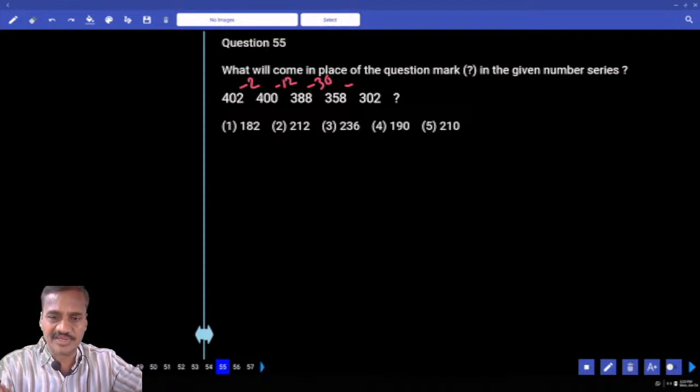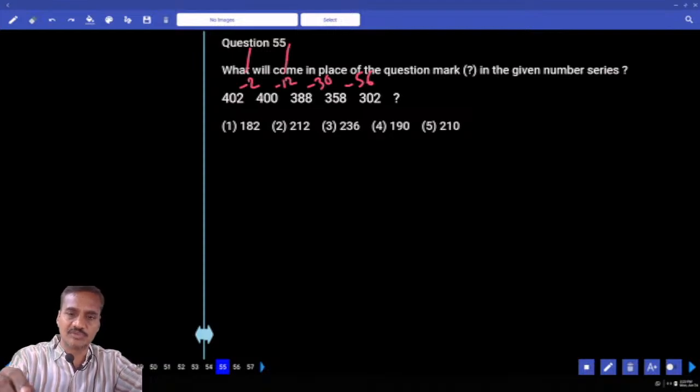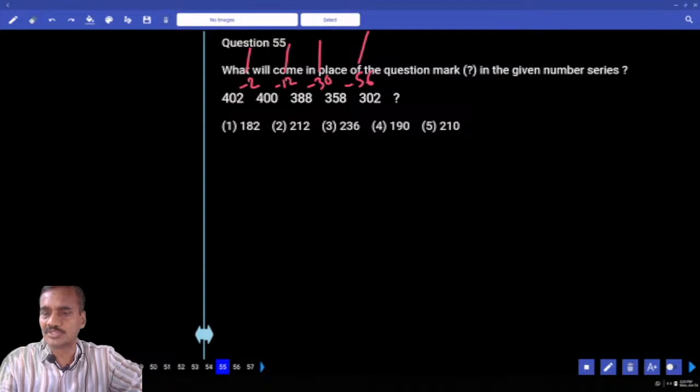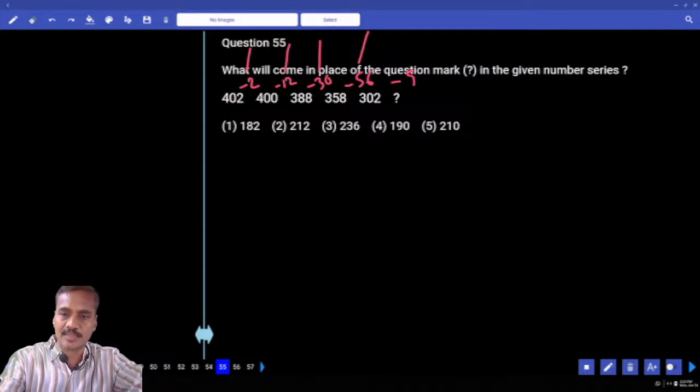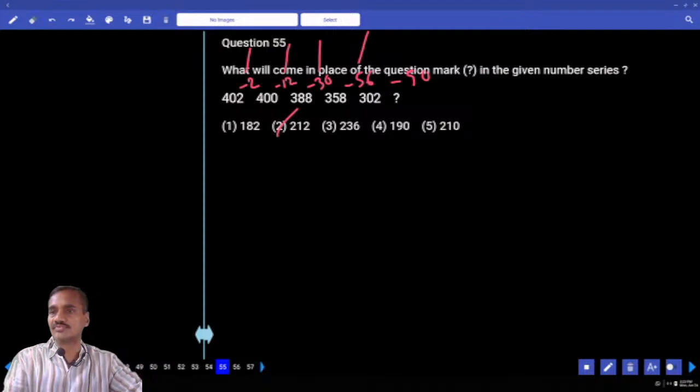And here 58 and 3, here 56 came. Now here 2 can be written as 1 square plus 1, 3 square plus 3, 5 square plus 5, 7 square plus 7, 9 square plus 9, and then minus 90. Minus 90 if you subtract, 212, so the answer is 55.